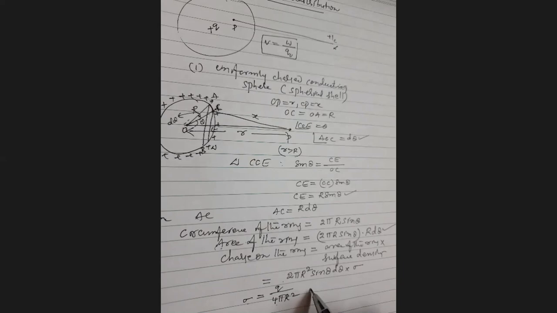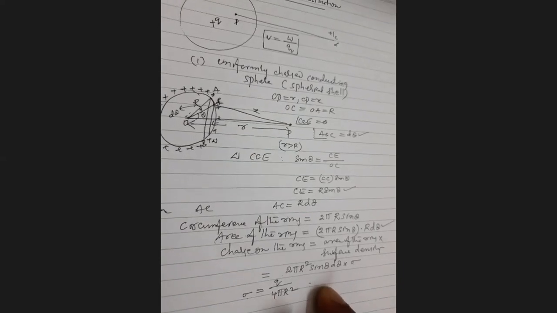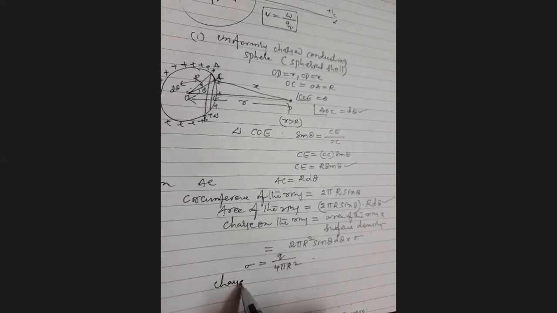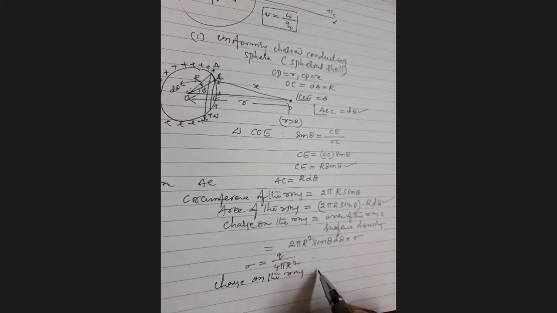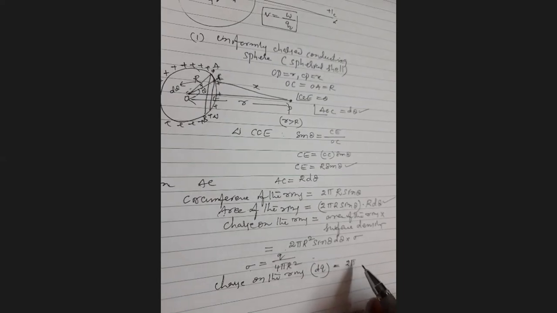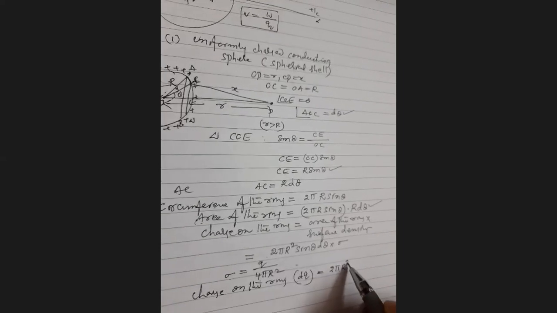Substituting this value in the above expression, we get the charge on the ring. Charge on the ring dq is equal to 2 pi r square sine theta d theta into q by 4 pi r square.